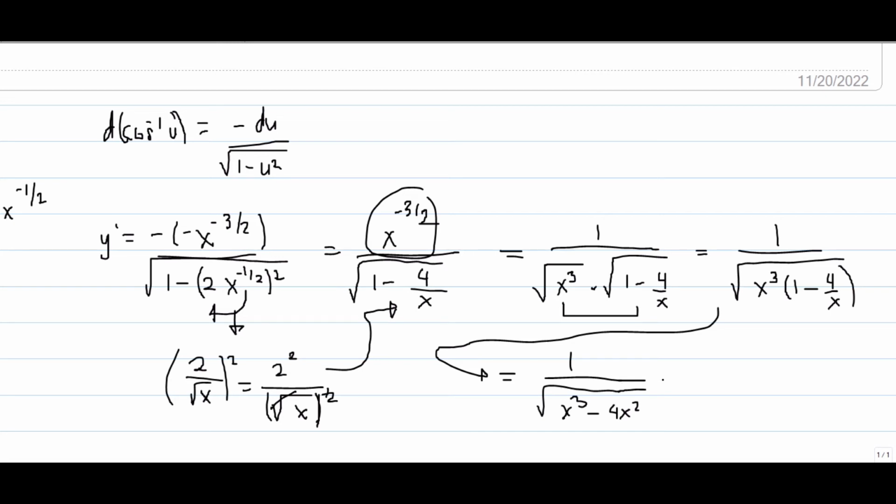By the way, this is the final answer. This is the first derivative. So again, we come up with this answer: 1 over the square root of x cubed minus 4x squared.